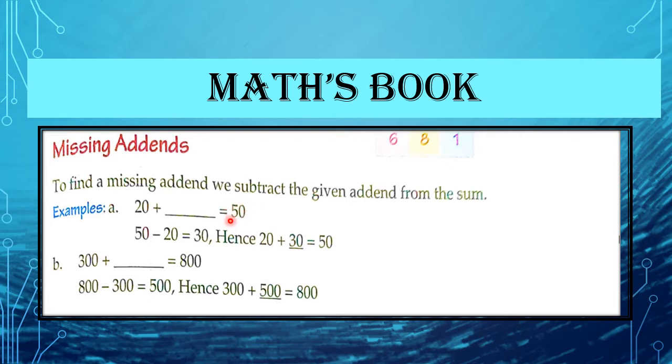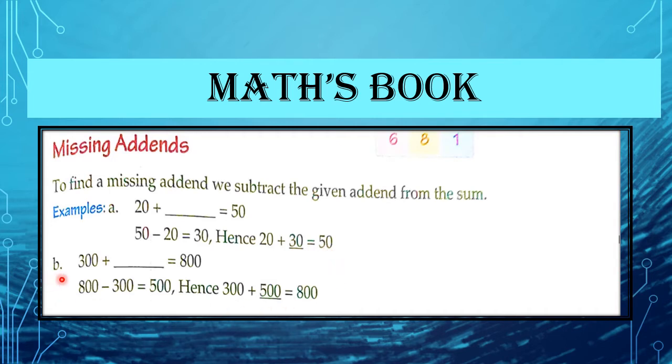Identify the sum, that is 50. So you write 50 first and then subtract one of the addends, that is 20, and you get 30. So the missing addend is 30. So you write the statement as 20 plus 30 is giving you 50.